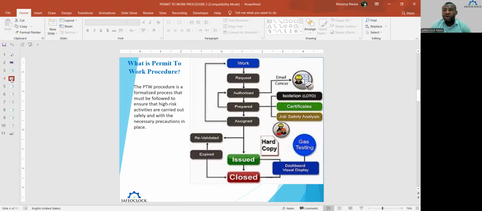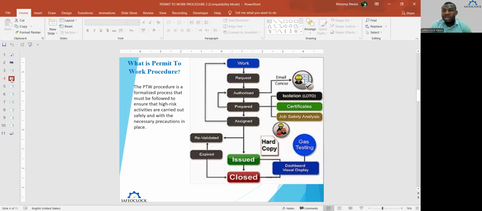It could start from the permit requester requesting a permit, getting authorization by an authorized person. In most cases, it's usually the main contractor. Before the authorization is given, the required certificates are obtained, either an isolation certificate in the event of LOTO being involved, or a job safety analysis, or even a risk assessment.